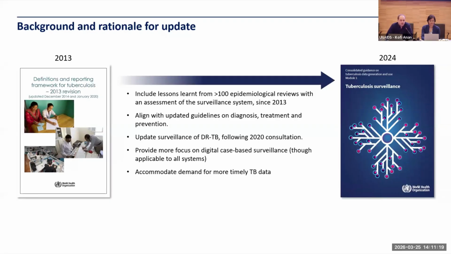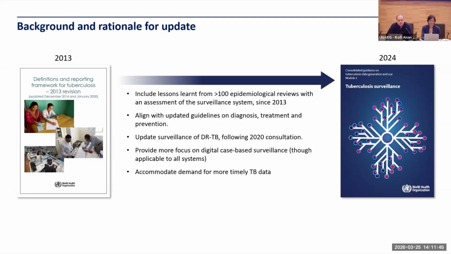Since then, we had lessons learned from more than 100 epidemiological reviews and assessments of TB surveillance systems, which really informed a lot of the update to this guidance. We also had to align with new updated guidelines on diagnosis, treatment, and prevention, and update a more robust surveillance of DRTB following a 2020 consultation.